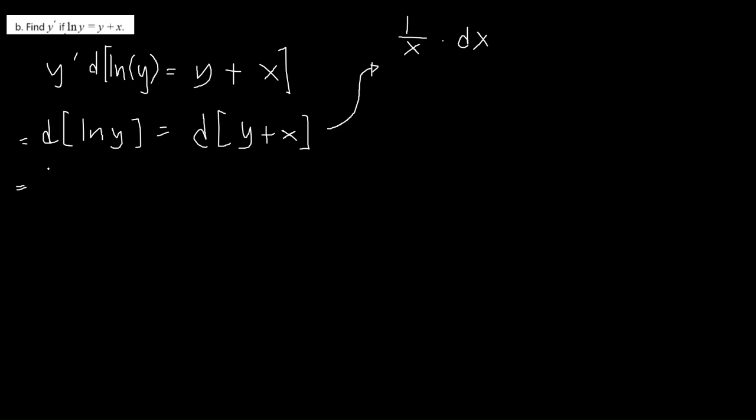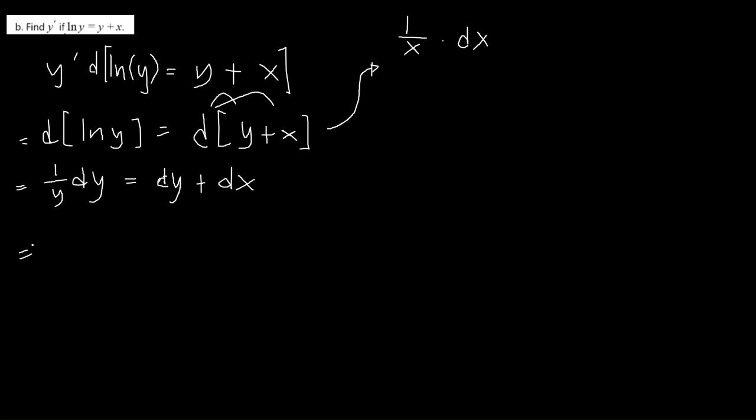So we are going to do 1 over y dy equals dy plus dx. We're just distributing the d. We have to make it so that it becomes dy over dx.